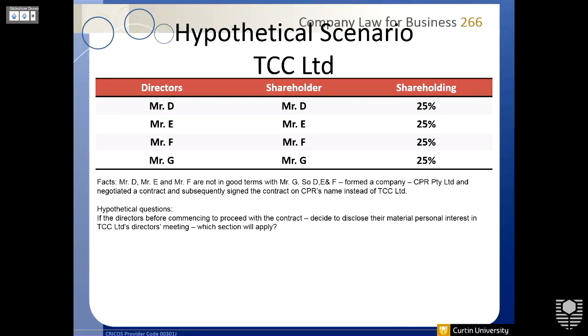Now, the hypothetical question is, if the directors, before commencing to proceed with the contract, decide to disclose their material personal interest in TCC Limited's directors meeting, which section will apply? If I'm deciding to disclose my material personal interest, what type of company are we dealing with here?